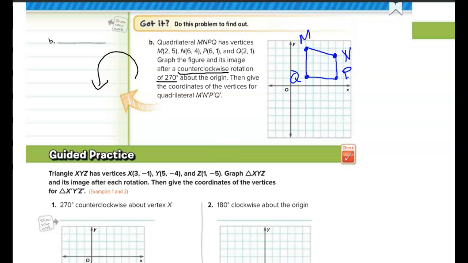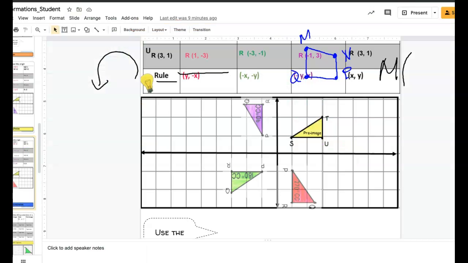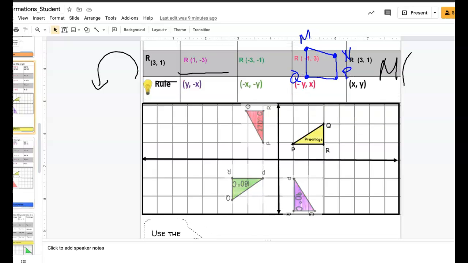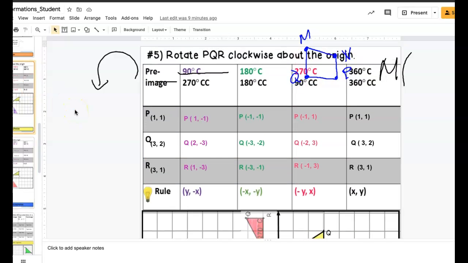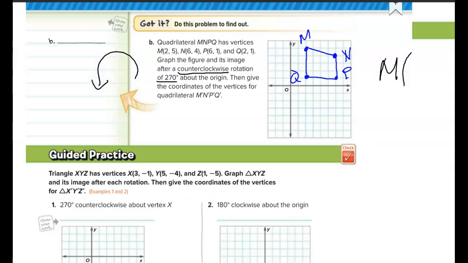Quadrant 4. Okay, so if I graph them, anybody remember what the rule was for 270 counterclockwise? Let's double check. We're going 270 counterclockwise, right? So it's Y, comma, negative X.